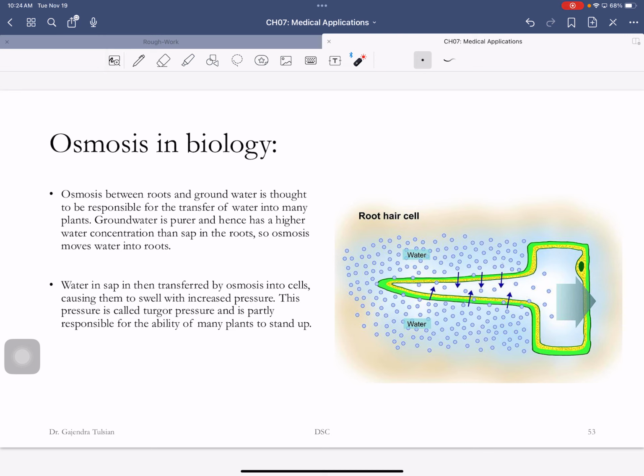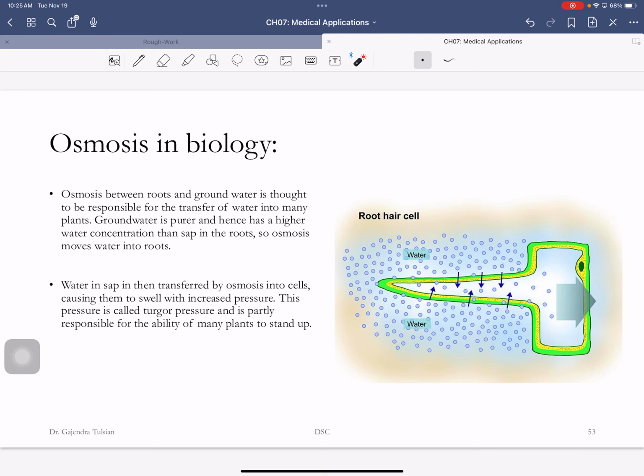So, osmosis in biology. Here's water in the soil, and this water has higher concentration than the water in the sap, and so water gets into the root via osmosis.